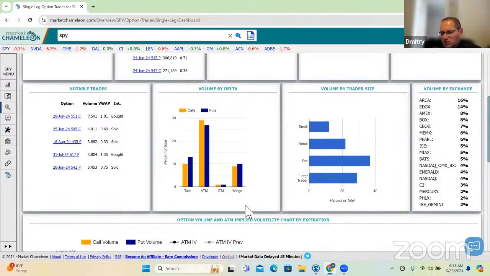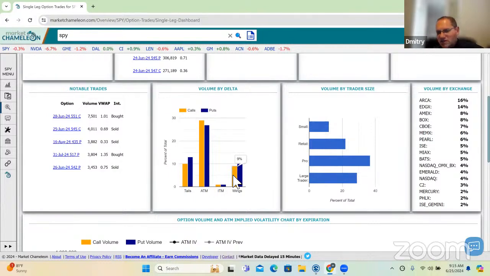Just from top of my head, they would have to be below 25 delta up to 5 delta. And here we see that the wings, how we categorize them, 10% of the overall single leg options were in the puts, 9% in the calls. So these are pretty balanced out.